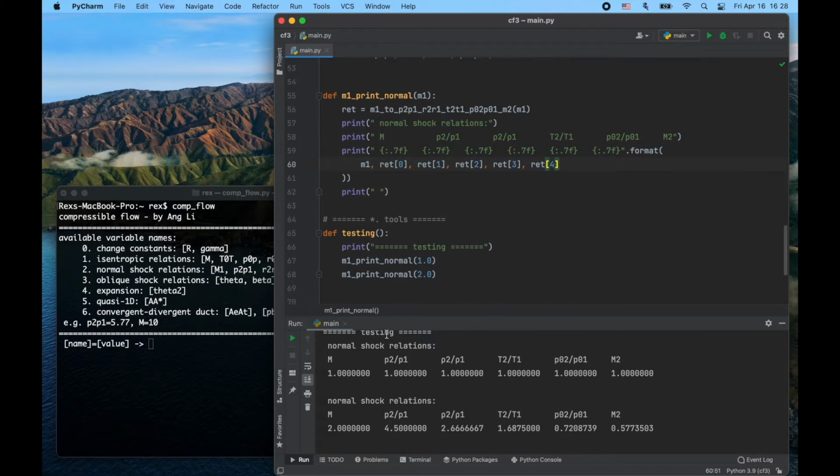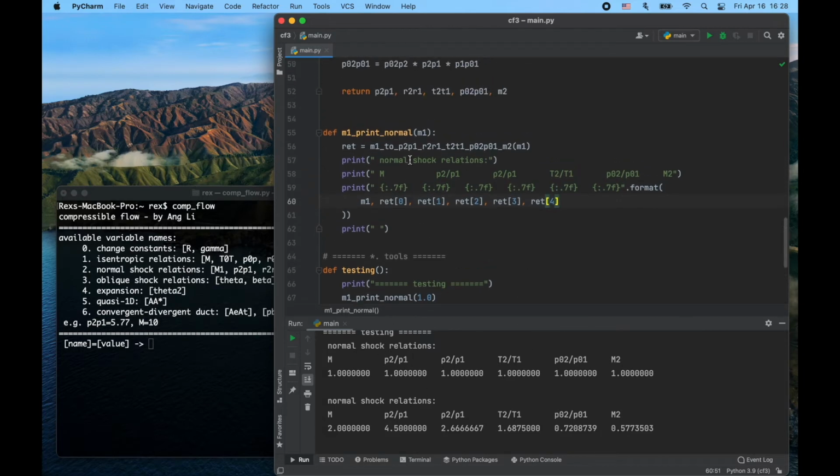So let's deal with the inverse function. What if we know one of the ratios and we are trying to get the other ratios and then Mach number 1? This is slightly trickier than before because we do not have an explicit function for M1 given by the other ratios.